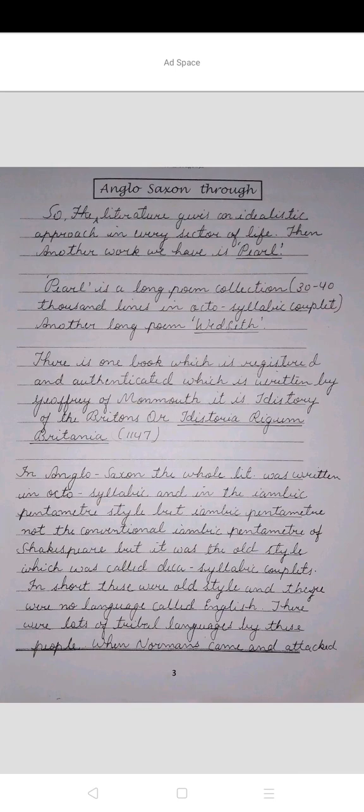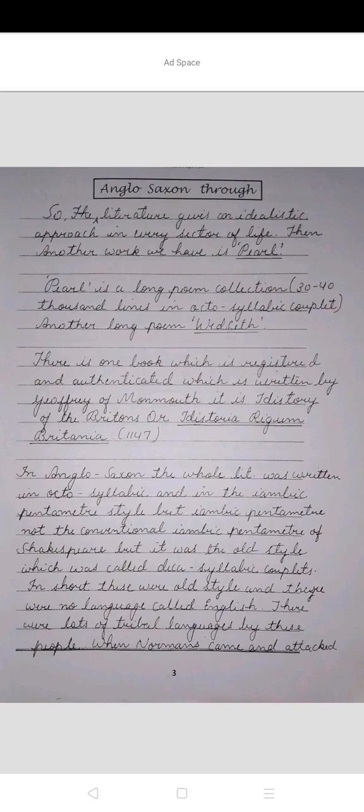It is the history of the Britons, or by another name, Historia Regum Britanniae. It was written in 1147.